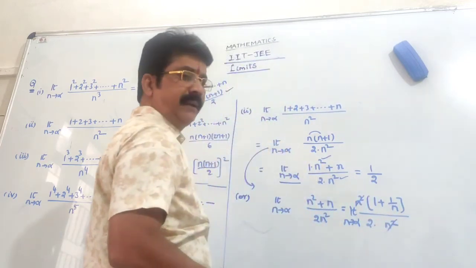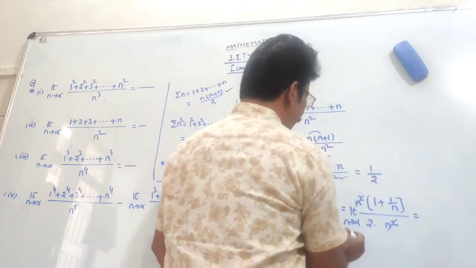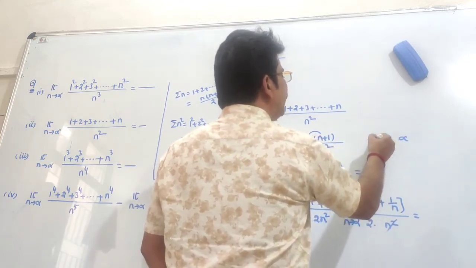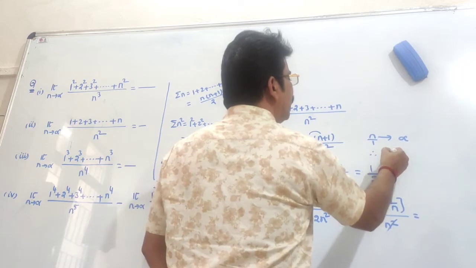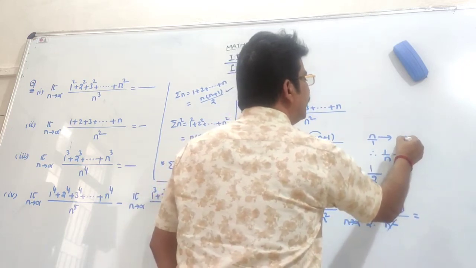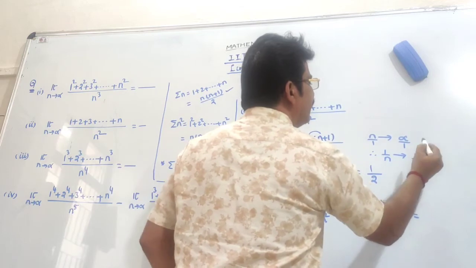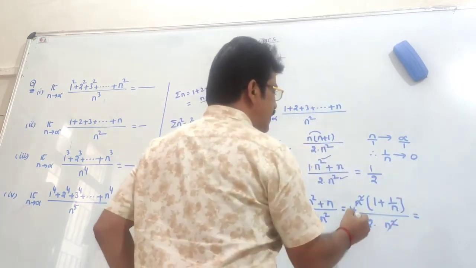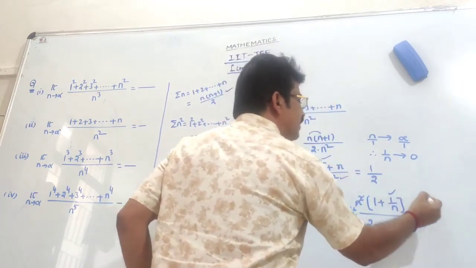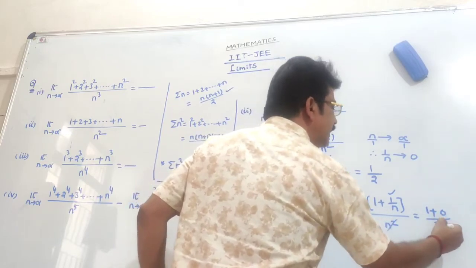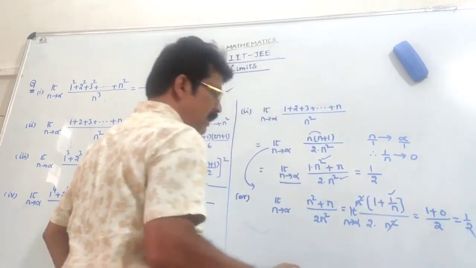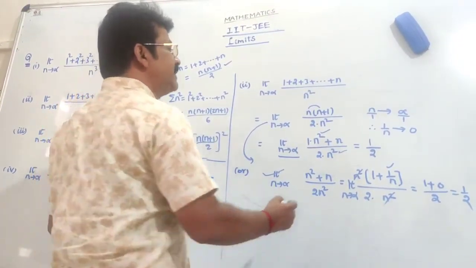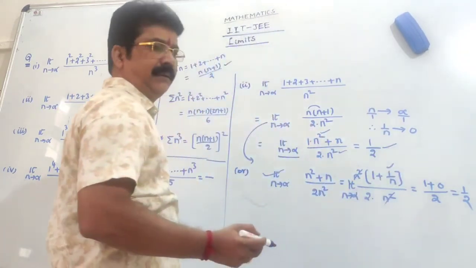The n² gets cancelled. As n tends to infinity, 1/n tends to 1 by infinity, and 1 by infinity is nothing but 0. So therefore it is 1 + 0 divided by 2, that is equal to 1/2. So this step is according to the strict procedure, and the other is according to the shortcut.